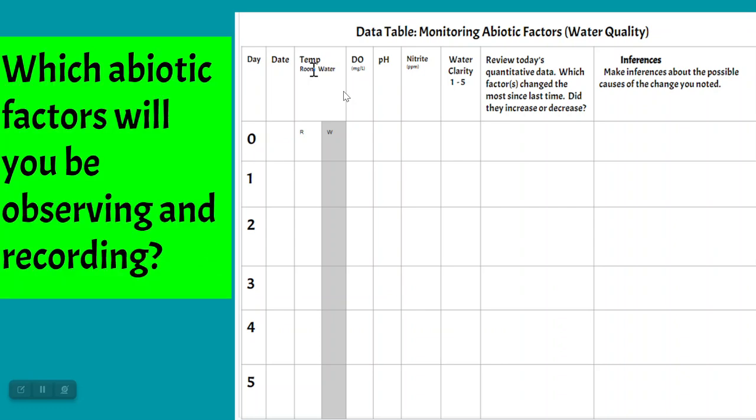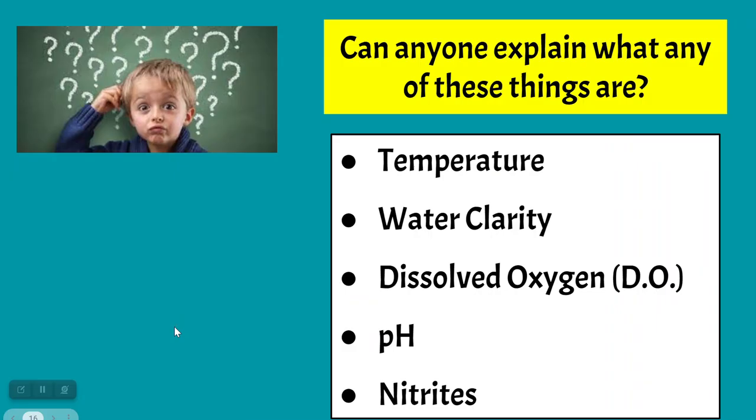All right, so we've talked about the 5 abiotic factors we're going to be observing and recording. They are temperature, which is how hot or cold something is. Water clarity, how clear is the water? Dissolved oxygen, how much oxygen is dissolved in that water and available to particularly the fish and animals that are living in the water. pH, is it an acidic water situation?